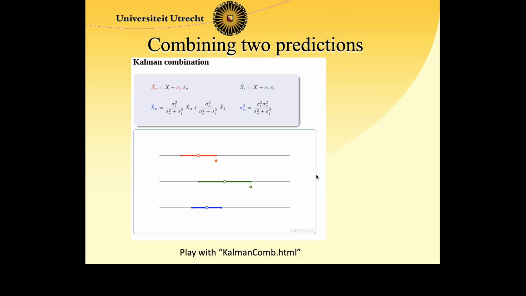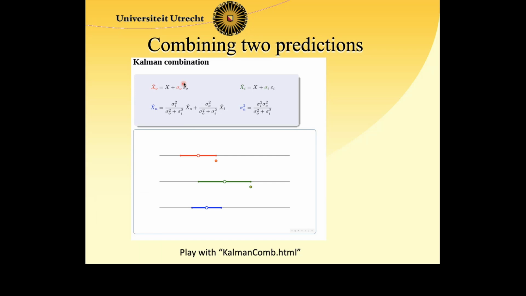Okay, starting with this very simple example. If we have two sources of information, so two estimates of the unknown state x, let's call them x0 and xI, both are subject to error.